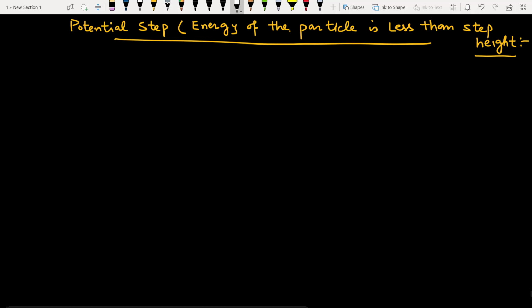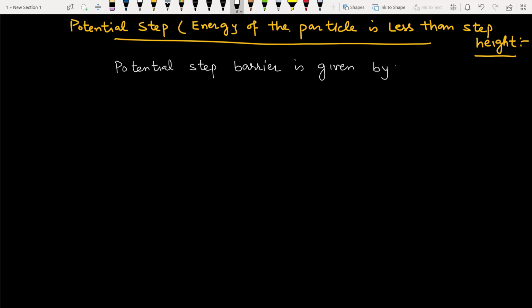So step potential barrier is given by V(x).